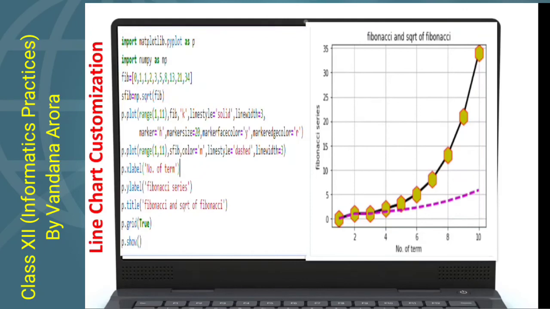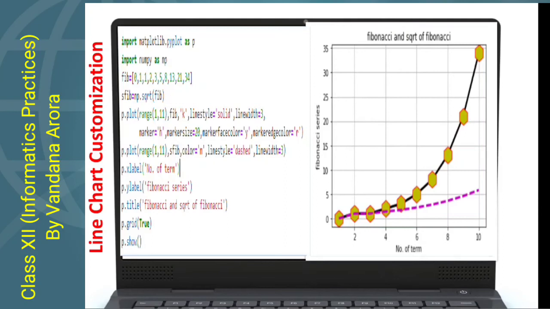In this slide you can see I have used a code, that is the code of a program. Like the fib variable I have used here, that is the Fibonacci series, and sfib, for which I have used np.sqrt of fib.